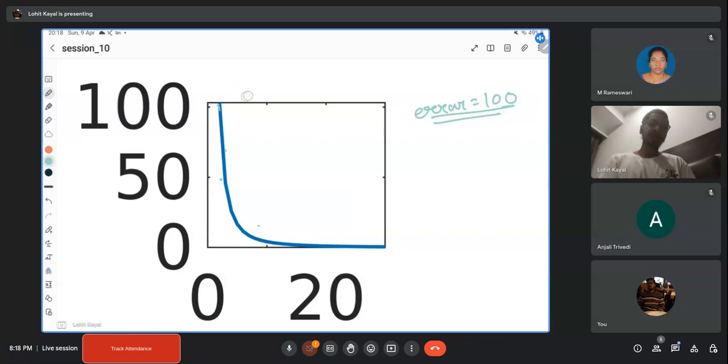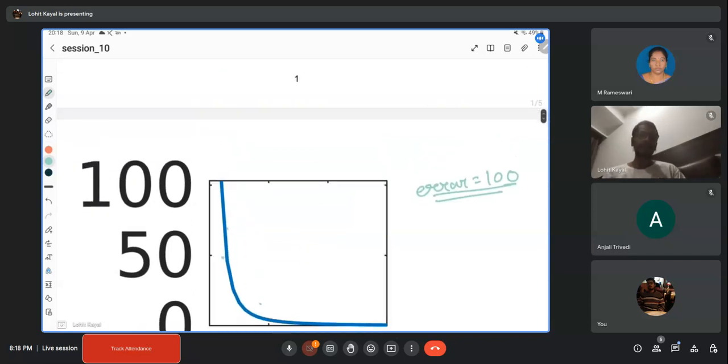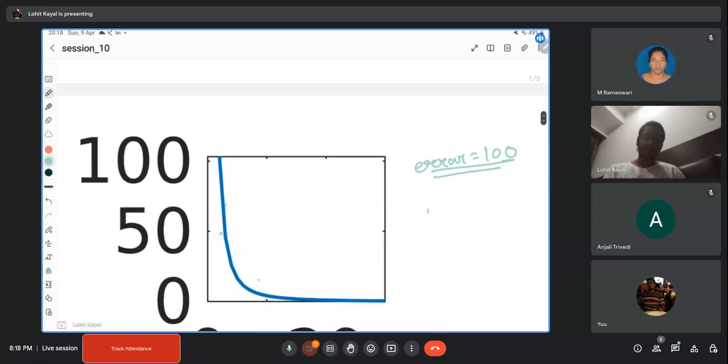So this is the reason you need to use MATLAB for this kind of calculation. You can see that for n equal to 2, the answer is not good and the difference is very large. The absolute error is 100.